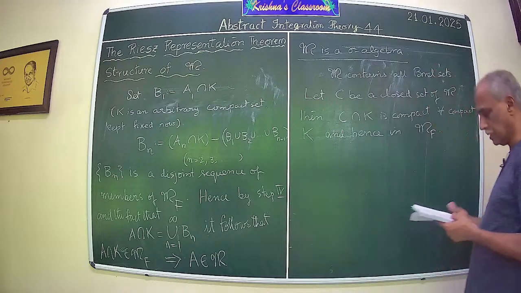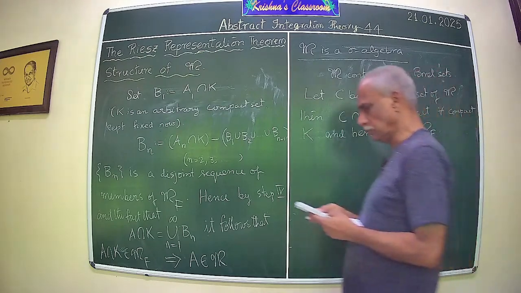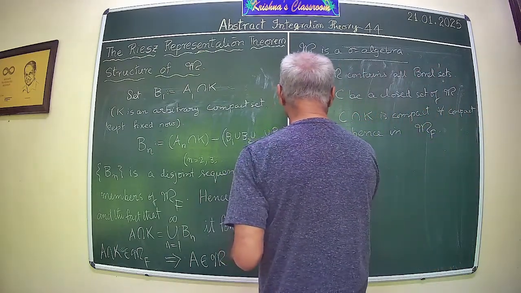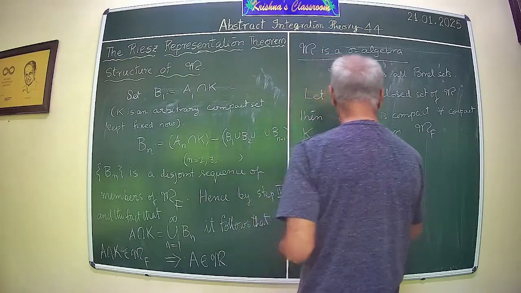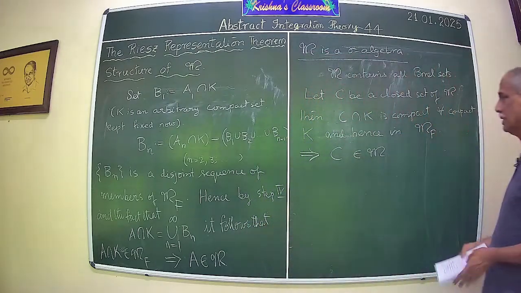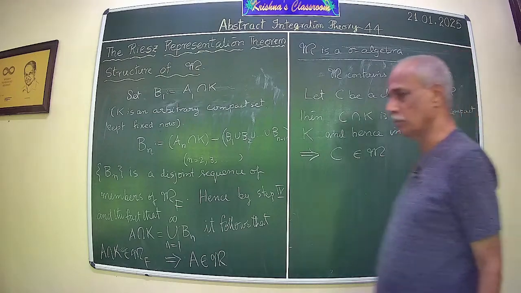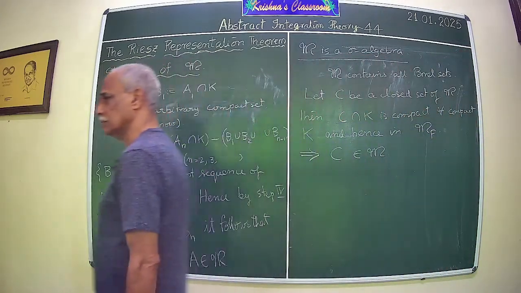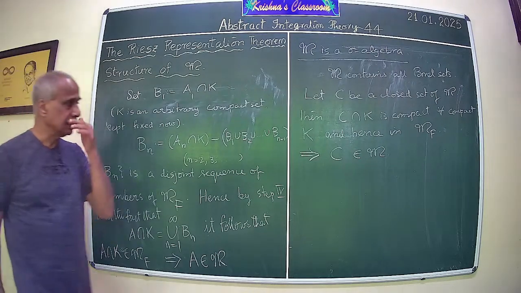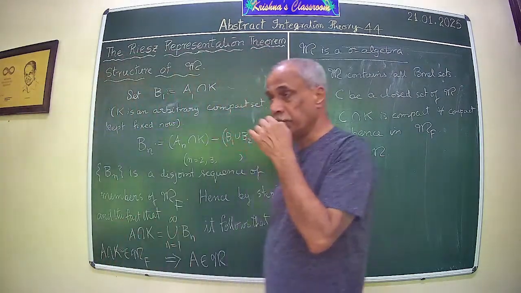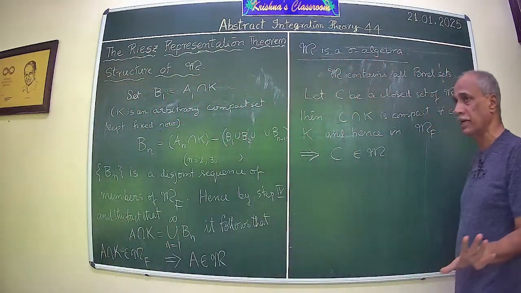Therefore, C belongs to M. This is what we want. We want C intersection K to belong to MF, so that assures that C is in M. Okay. So all closed sets are in M.